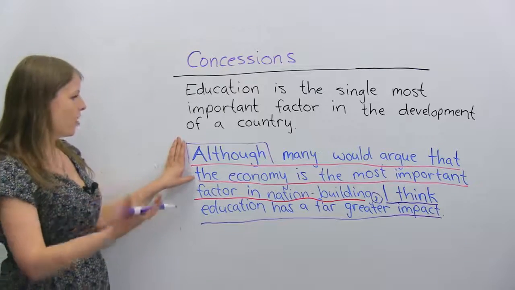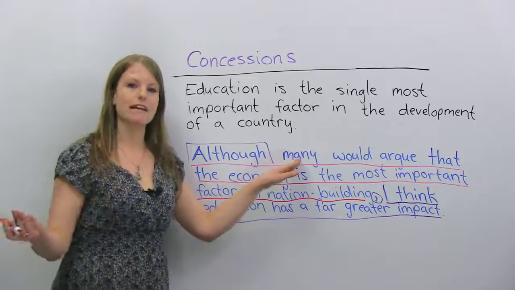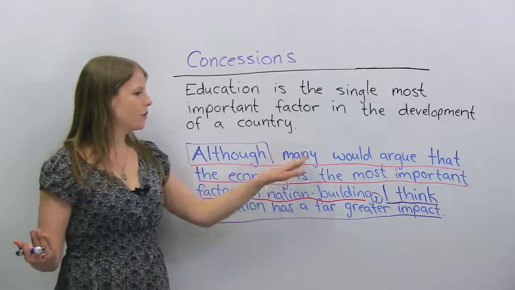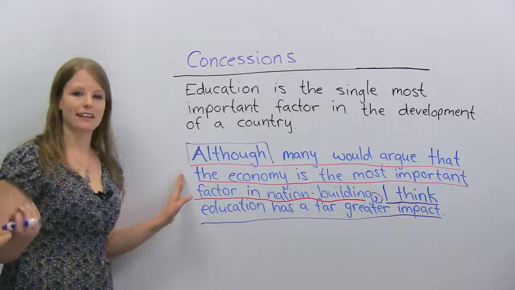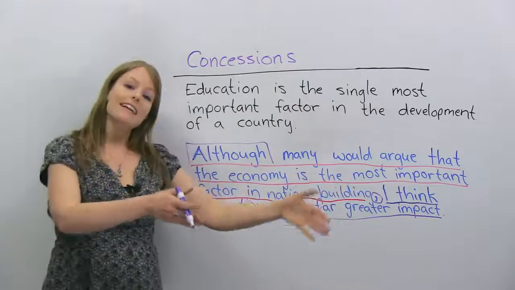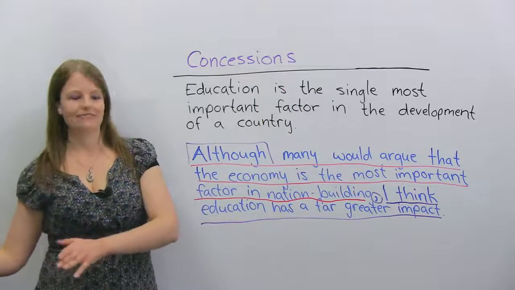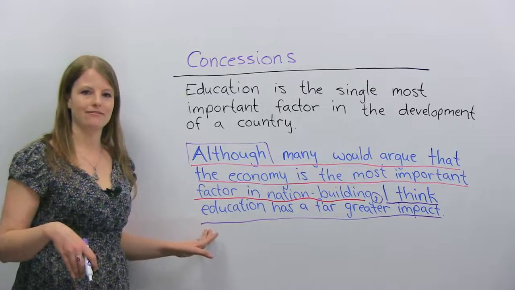In this case, although many, meaning many people, would argue that the economy is the most important factor in nation building. Okay, so this is what some people would say. Now I'm going to say what I think. I think education has a far greater impact.